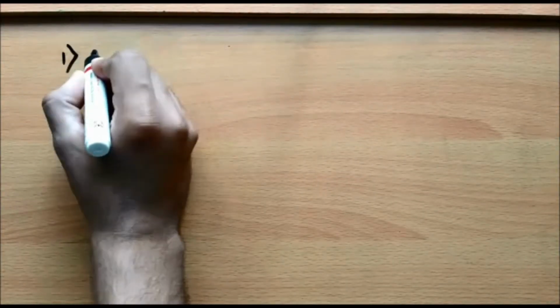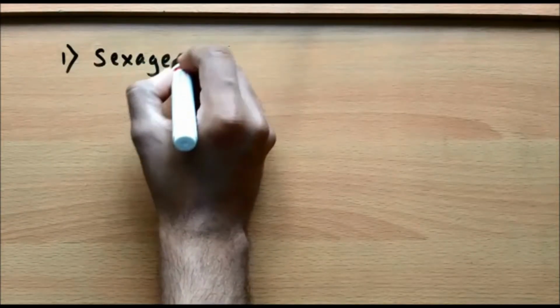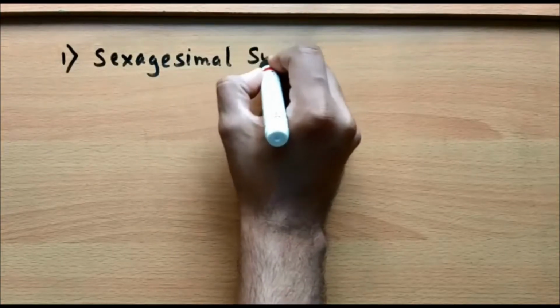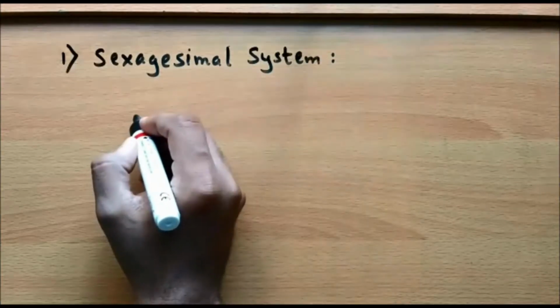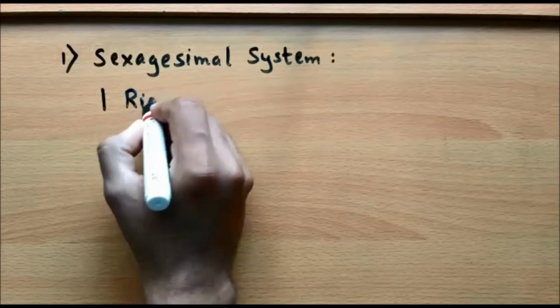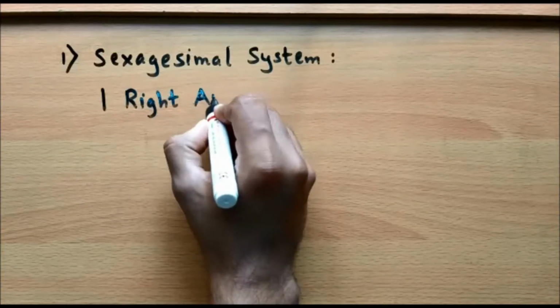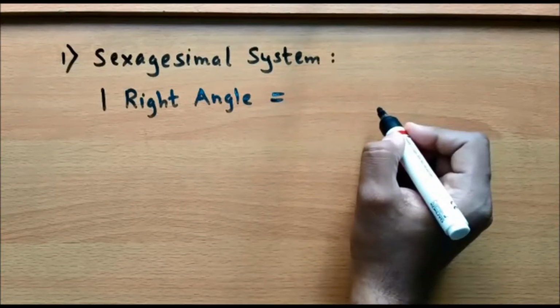So let's begin with the first one, the sexagesimal system, the English system, right? So let us see how angles are measured in this system. Now, in this system, one right angle is divided in 90 equal parts, and they are called degrees.